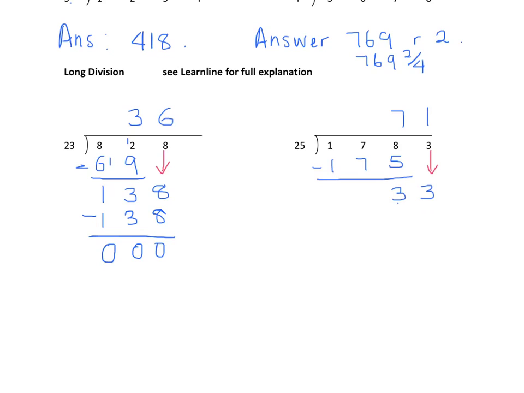But there is something left over. 1 times 25 is 25, so we can write the 25 under the 33, subtract it from the 33, and we've got, I think it's 8 remaining. 8 left over. So therefore the answer to this one is 71 with a remainder of 8, or you can write it as 71 and 8 parts of 25 remaining.